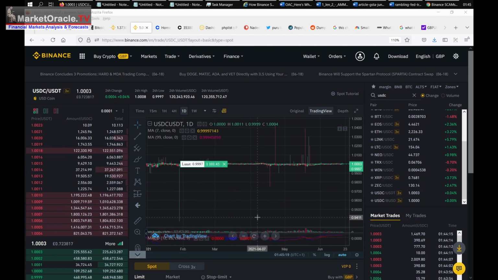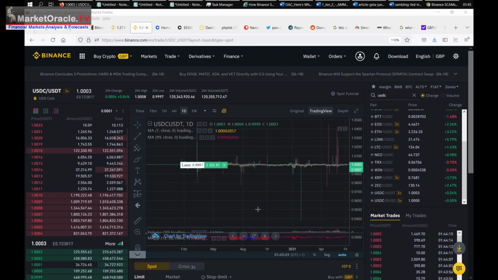If you go out, you can see there's more variance to the upside, more probable than to the downside, which obviously reflects that USDC is relatively safer than USDT. Yeah, look, the spikes are higher and more often.